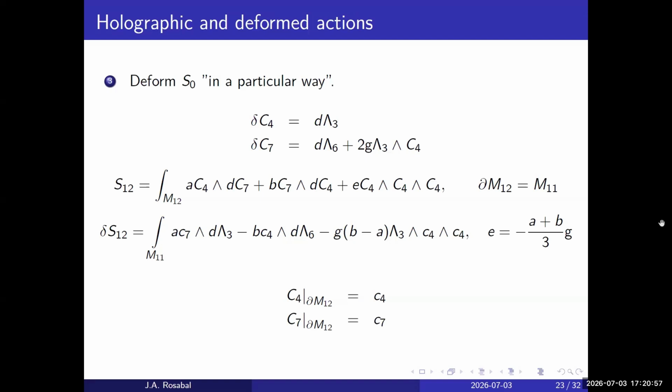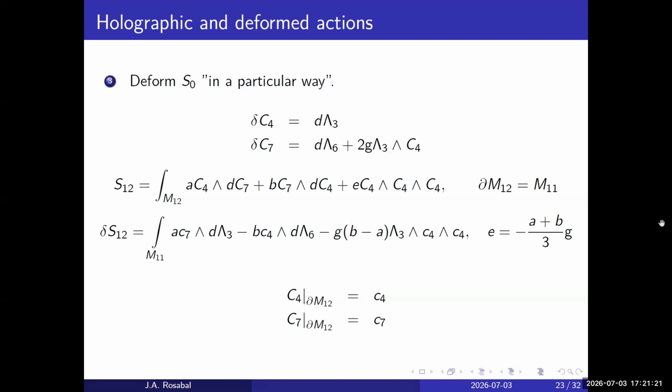A plus B plus C or E. There are too many C's here. E. And then what do you want? You don't want an invariant action. Because if you have an invariant action, you don't get the phase. You want an action that transforms only in 11D. So you want a total derivative transformation, similar to Chern-Simons.